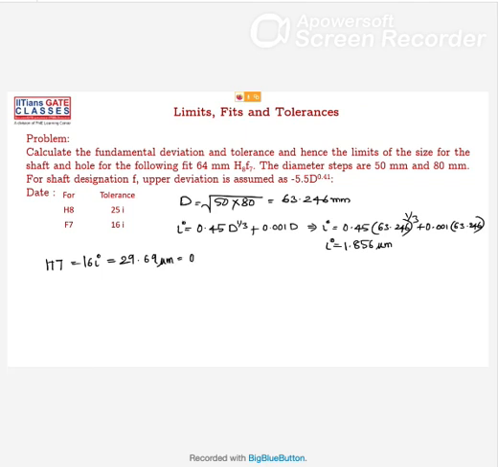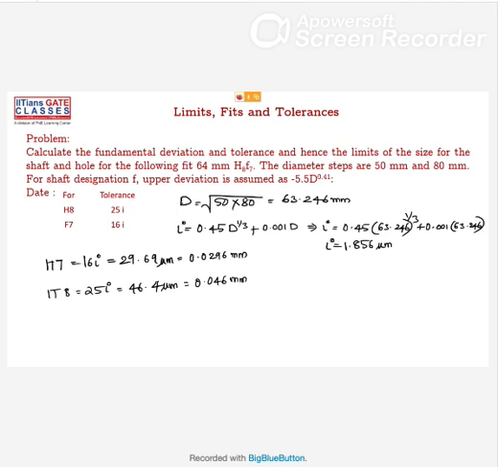This will be 0.0296 mm. And for IT8 it is 25I, and if you calculate that, it is 46.4 micrometers, and that will be 0.046 mm. That is the calculation that I have seen here.